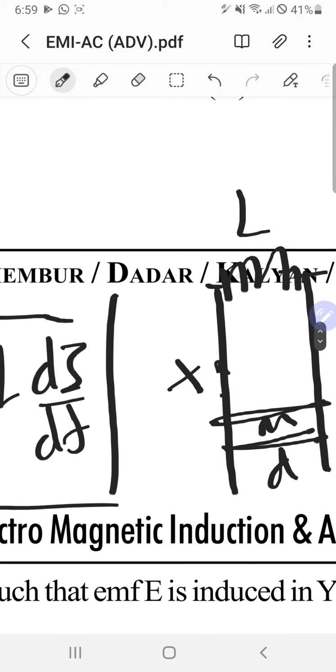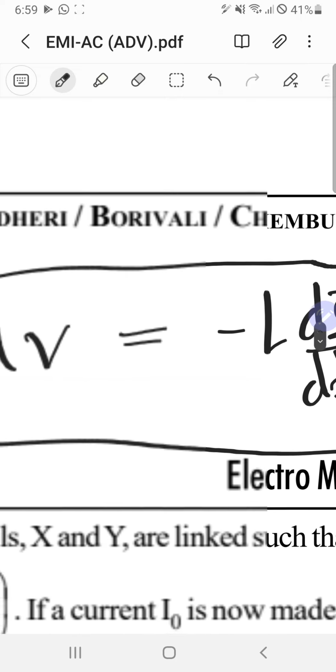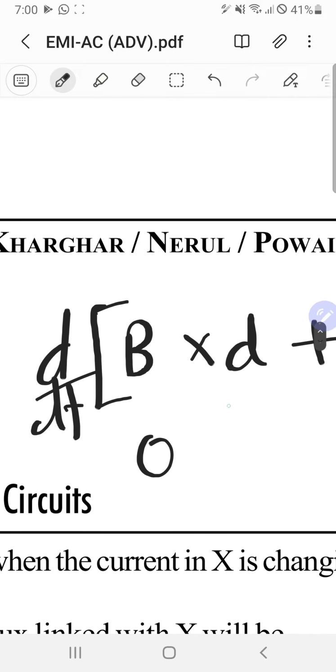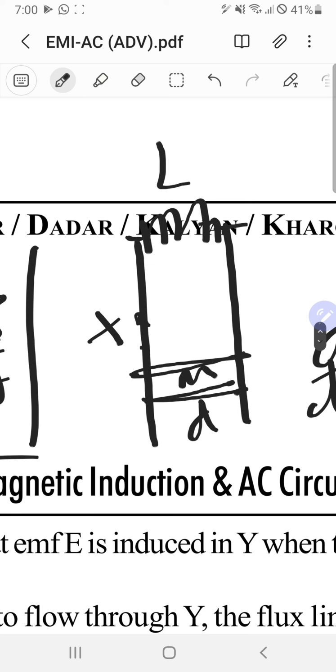So the flux will still be positive because of this L. And the current for this guy is going to the left, so current cross magnetic field, there's force in that direction.